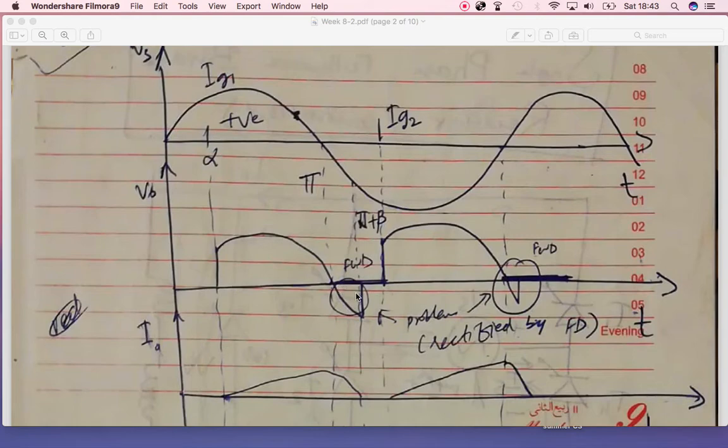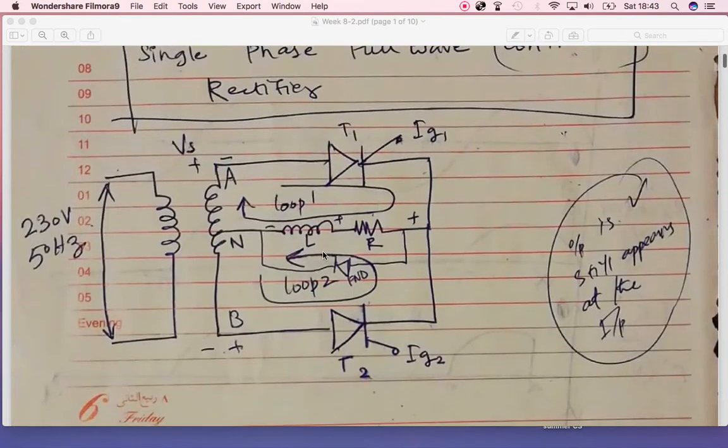And we have a freewheeling diode installed over here, which is looking after the affairs: when we have the current flowing through this load and there is a reverse spike in the voltage, then this reverse spike will be discharged through this freewheeling diode. And the same holds for the negative half cycle.